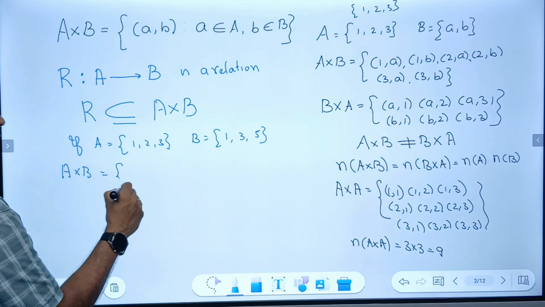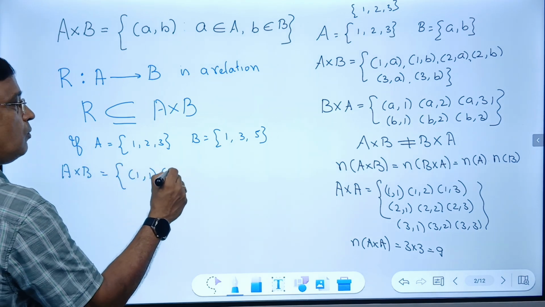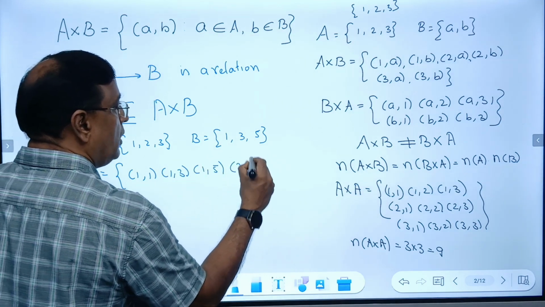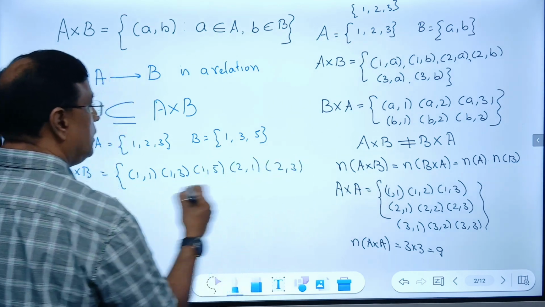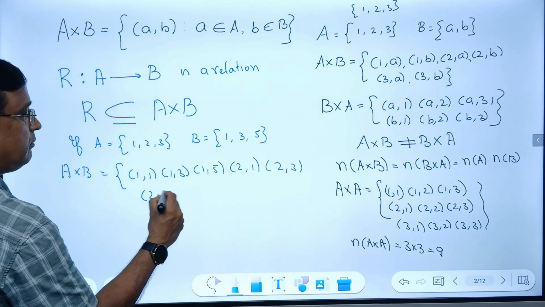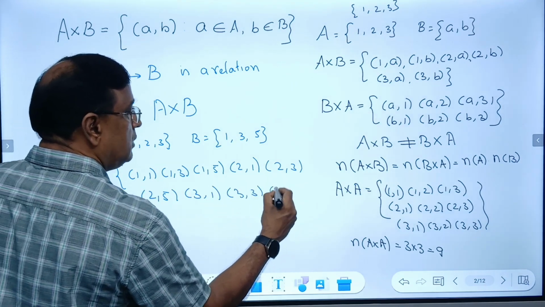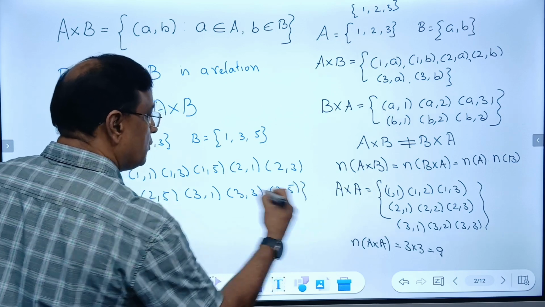A cross B will be (1,1), (1,3), (1,5), (2,1), (2,3), (2,5), (3,1), (3,3), and (3,5). This is A cross B.